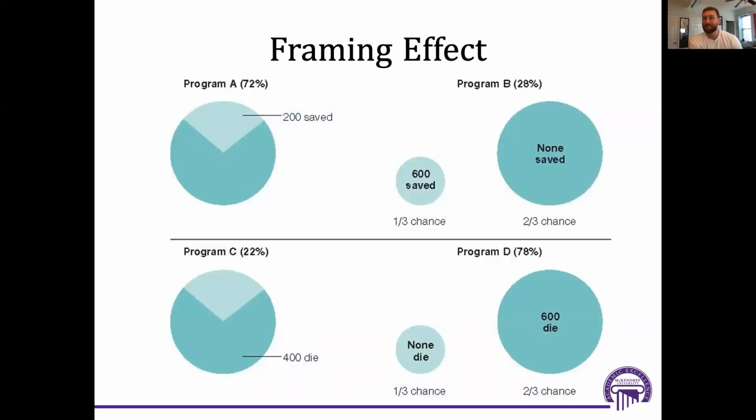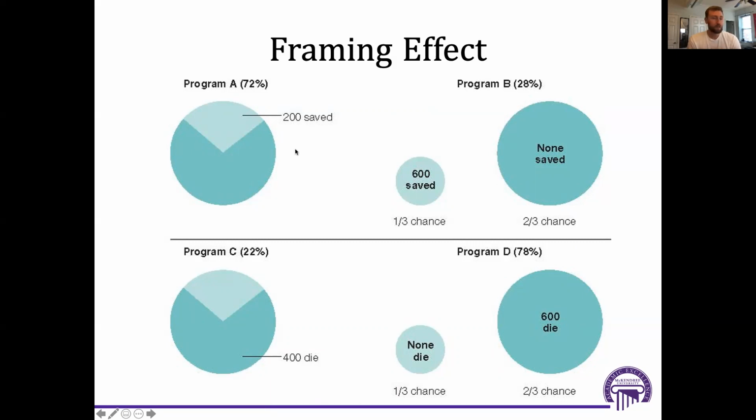So let's say, this is a very real example. Let's say that you are the head of the CDC and you have to choose between 2 programs. You know there's going to be an outbreak of a disease and you have to choose between 2 programs, okay? So program A. Program A is guaranteed that you will save 200 lives, okay?